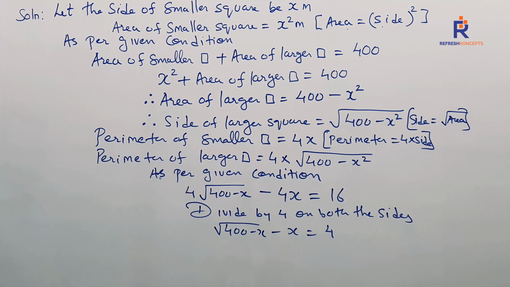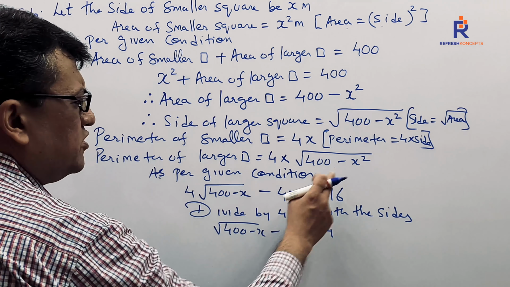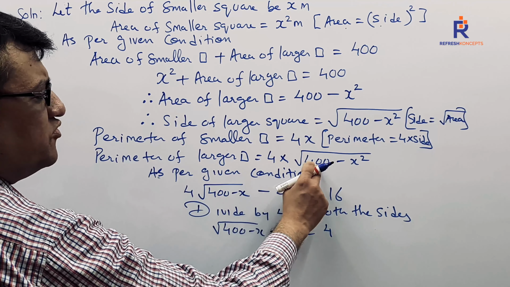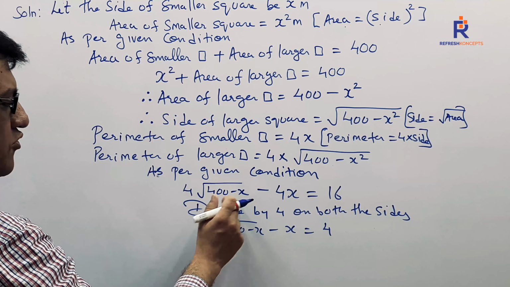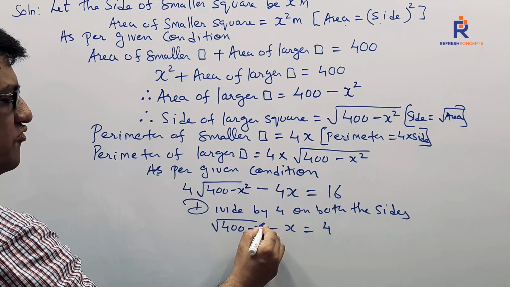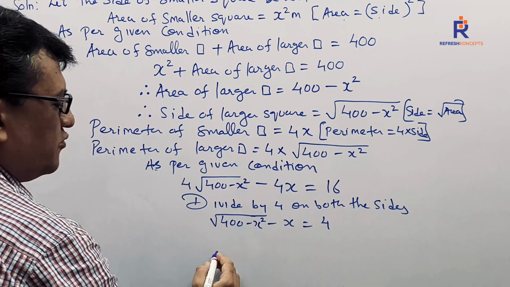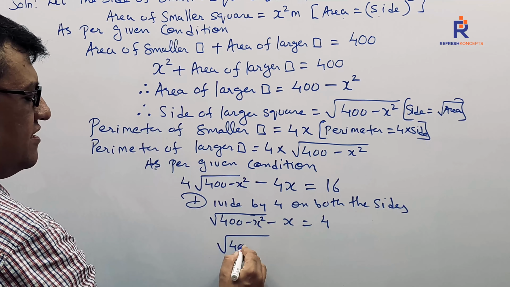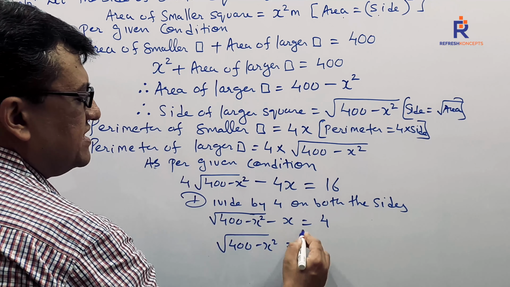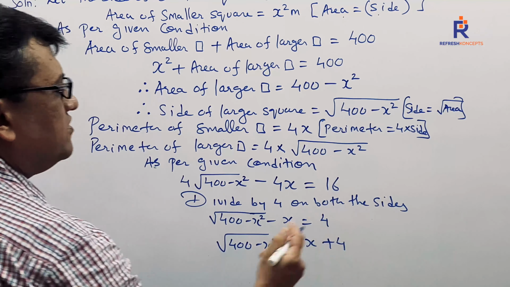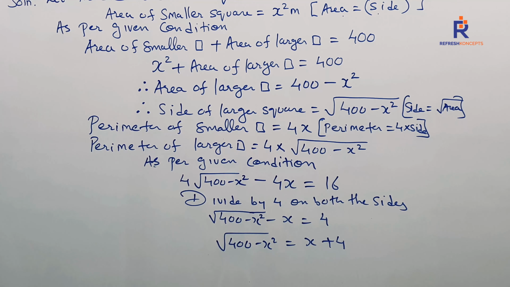Here it was larger square is 4 into 400 minus x square, here also 4 into 400 minus x square. Bring this x over here, what I'll get is 400 minus x square is equal to x plus 4.